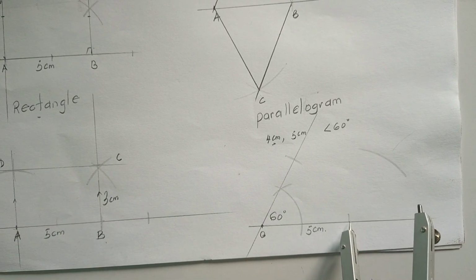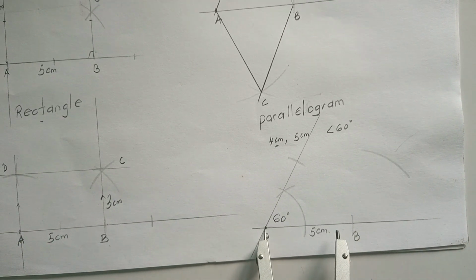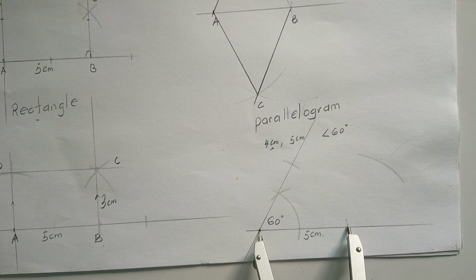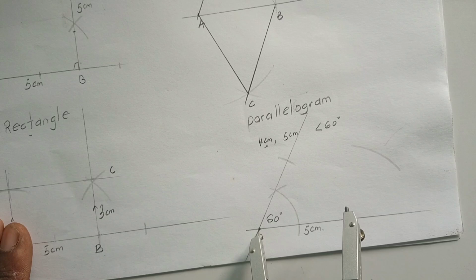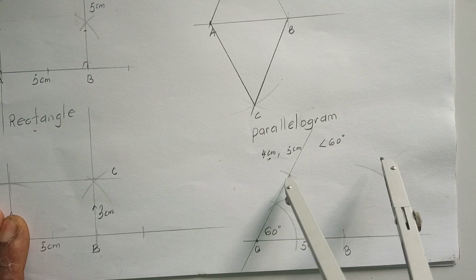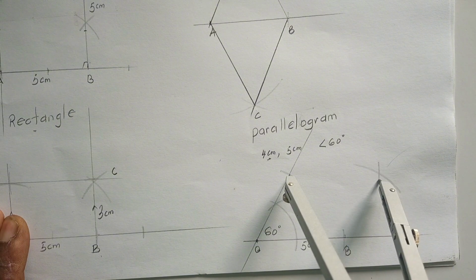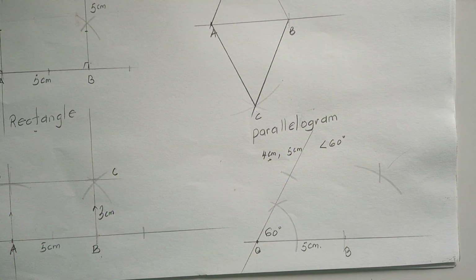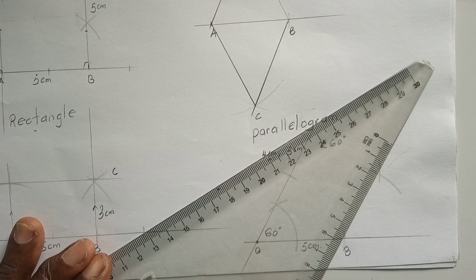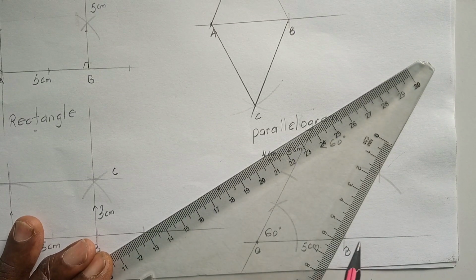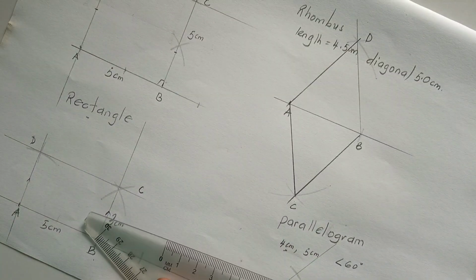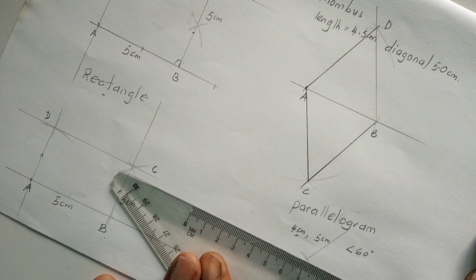And then I adjust my length from OB so that it's 5 centimeters. Then like that, this is 5 centimeters. Without adjusting our length, I transfer it to this point here. I strike another arc there. And then carefully I join this arc to that point and this other arc there.